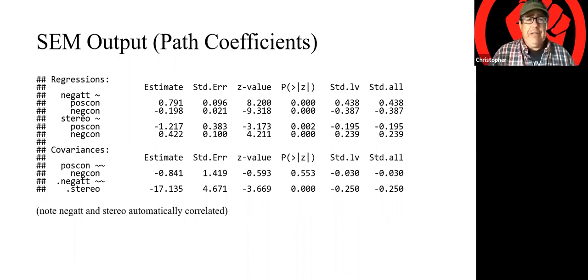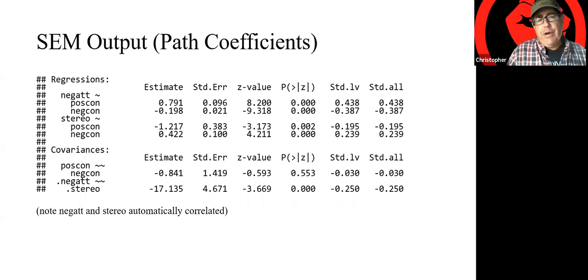The way that these variables are coded, that means more positive contact was related to fewer negative attitude endorsements. And then negative contact is negatively related, meaning that more negative contact has lower scores on this attitude scale, where lower values indicate more negative attitudes. So positive contact related to better attitudes, negative contact to worse.